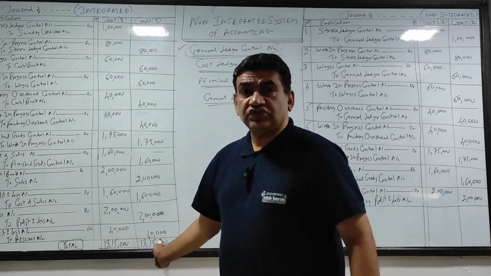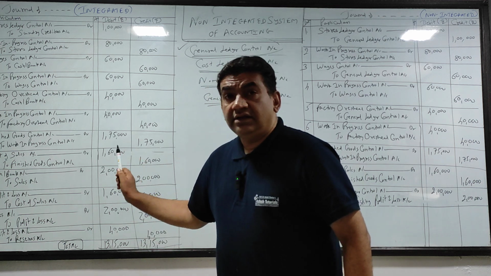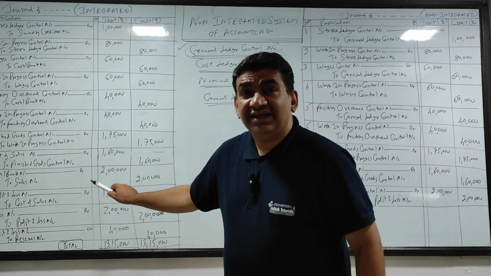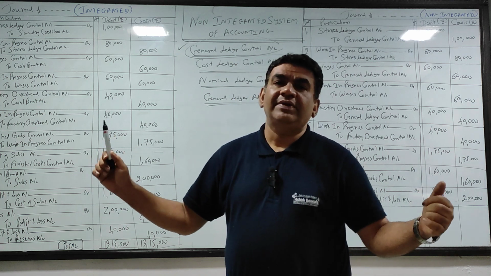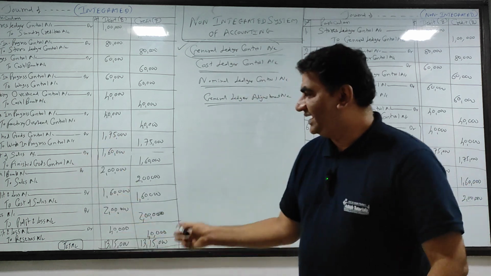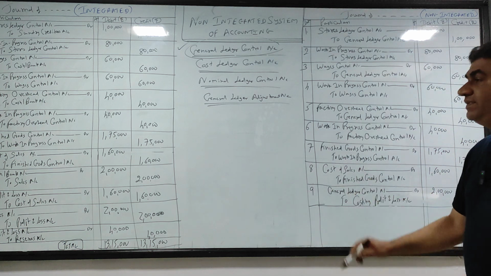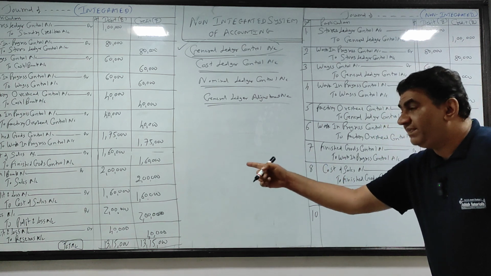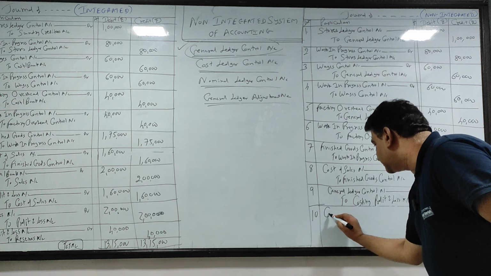So I will credit cost of sales. यहाँ पे P&L है, वहां पे हो जाएगा costing P&L. So P&L gets replaced by costing P&L. So my 10th entry will वहां पे क्या है, P&L to cost of sales.